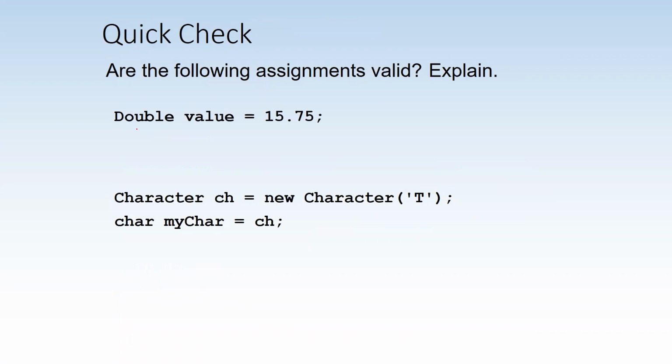Okay, let's look at this. Is this okay, everybody? Is this a valid statement? Yes. Why? What is this mechanism called? Auto-boxing, yes. And here, this is okay. What is this mechanism called?